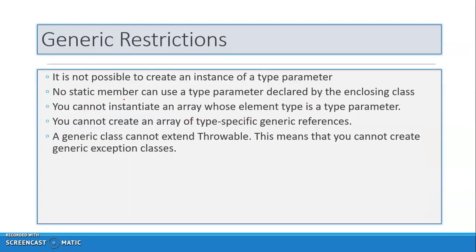Another one, you cannot instantiate an array whose element type is a type parameter. If you saw our previous video, we used an actual Object to create the array for our stack instead of using T. So we didn't have something like new T. And you cannot create an array of type-specific generic references.